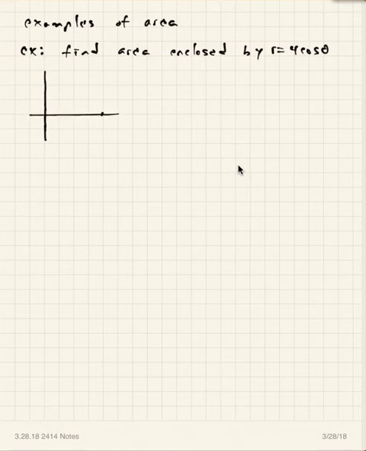We're trying to find the area of this. The diameter is 4, so the radius we know is 2, and so the area has got to be pi r squared. So this is just going to be pi times 2 squared, or 4 pi. We better get 4 pi as the answer when we do this problem.